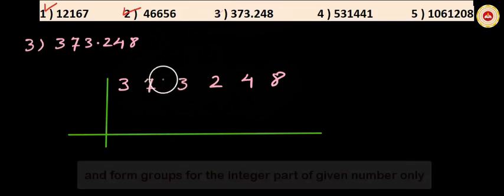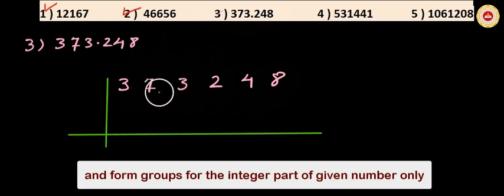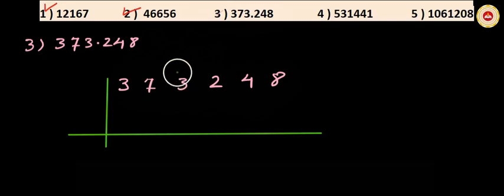See friends, while forming the groups in the number having decimal places, neglect decimal places and form groups for integer part only. So let us form group for integer part only, starting from right to left. There is only one group here having 3 digits.